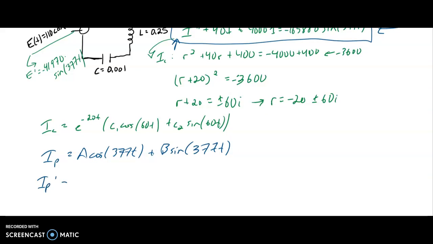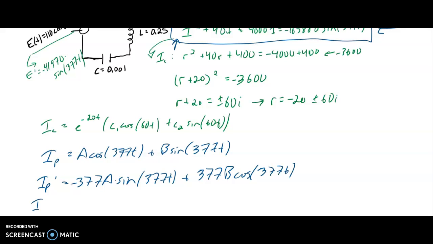IP prime is negative 377A sine of 377t plus 377B cosine of 377t. I got to do one more derivative line.